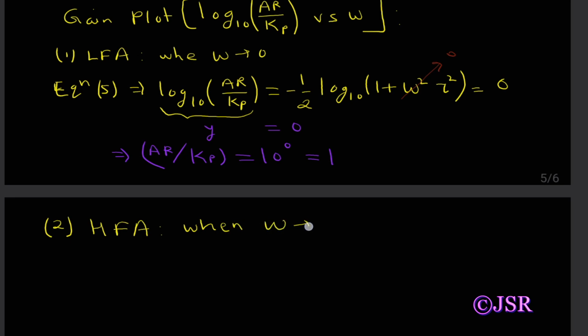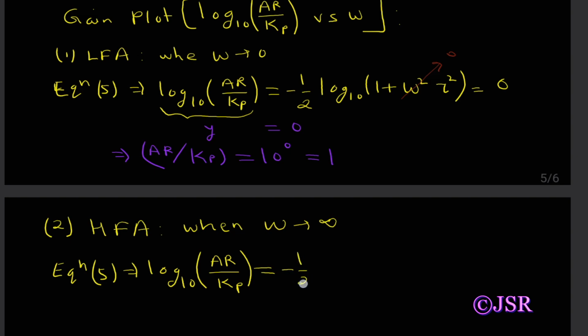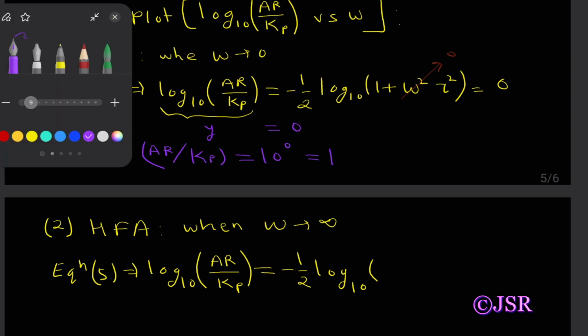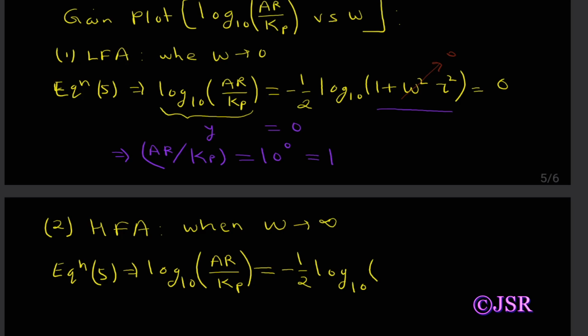So when omega tends to infinity, from equation number 5 we will have log 10 AR by Kp equal to minus half log 10 of 1 plus omega square tau square.